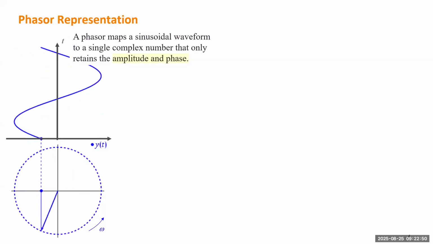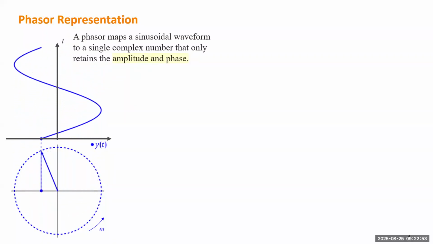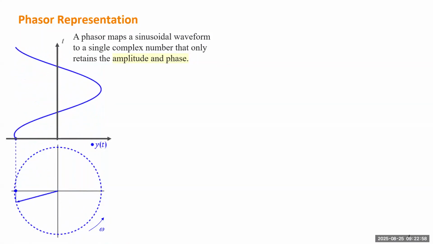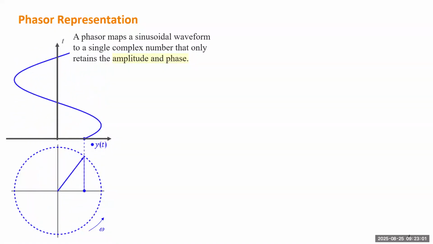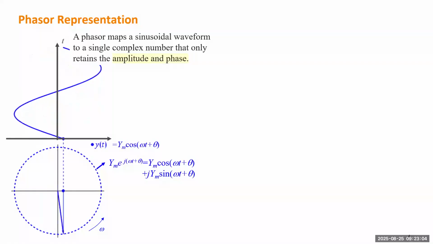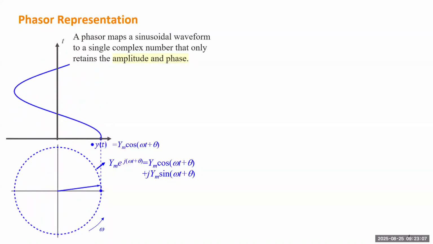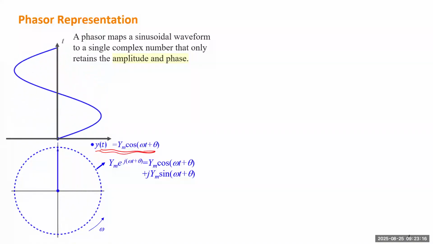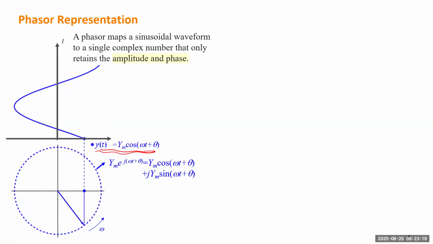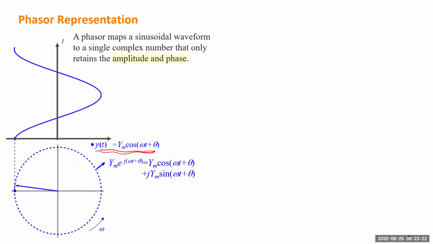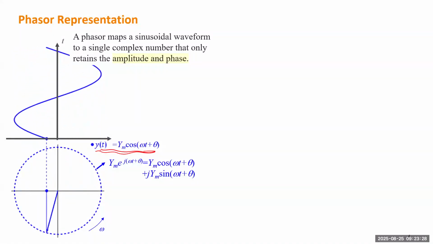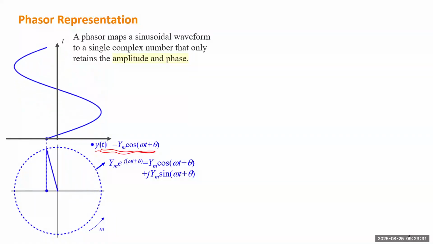This trajectory is exactly the projection of one point moving along a circle at a constant speed, and this constant speed is the angular frequency of the sinusoidal waveform. So to characterize this waveform, we need to write the peak value, the cosine function, the phase and frequency, and its function of time. Instead of writing the entire expression, we just need to capture the peak value and the phase.